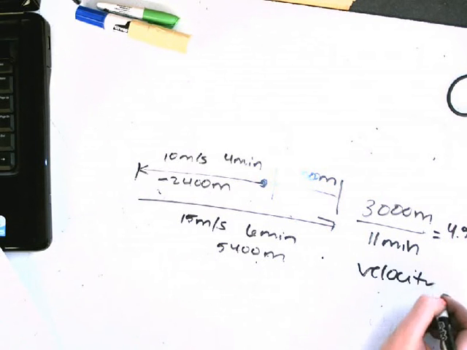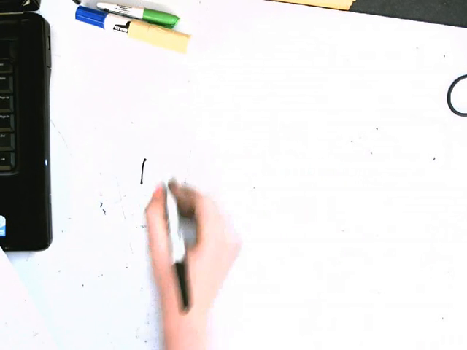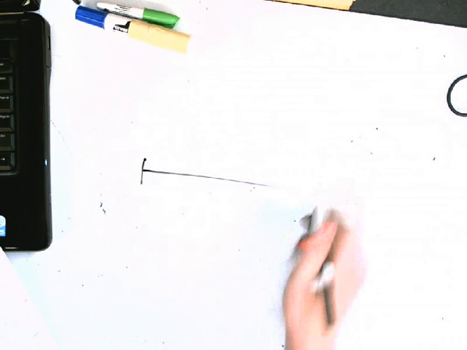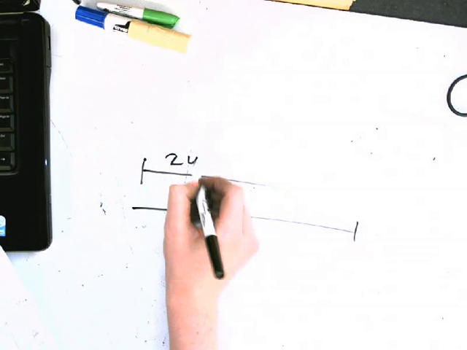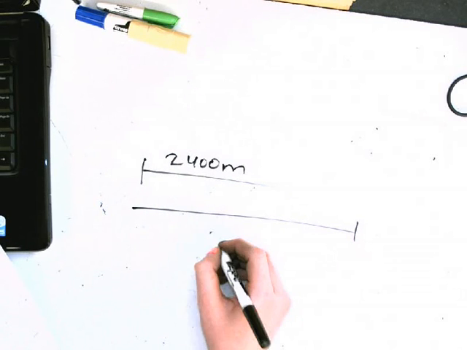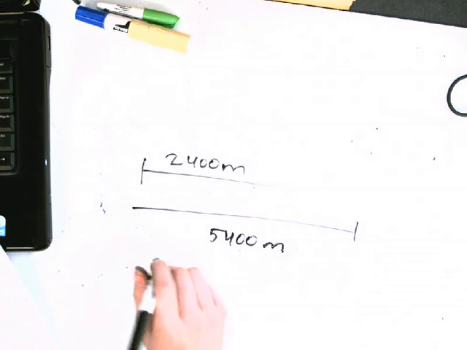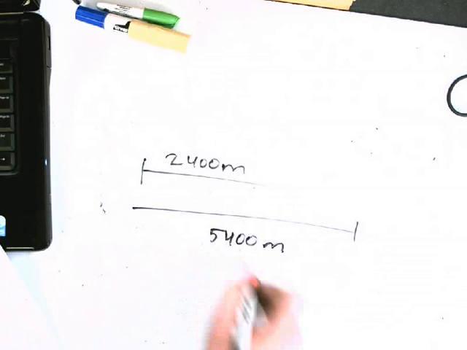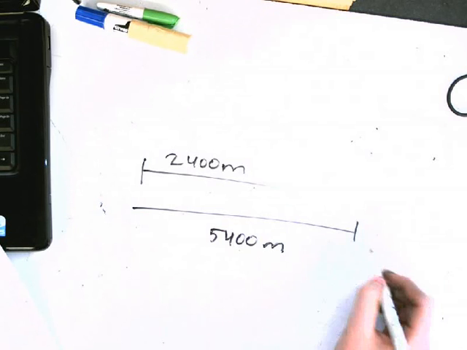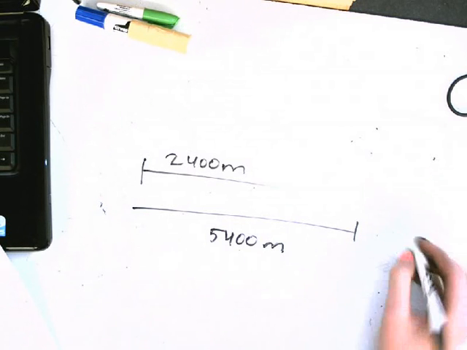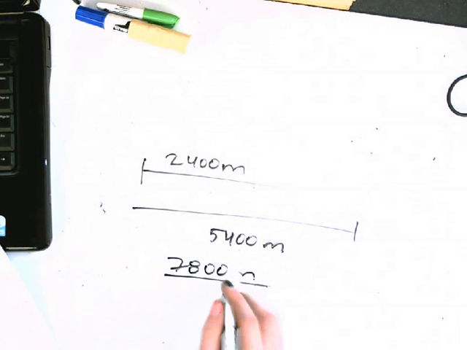However, if you're doing speed, then you would add these two, because you went this far plus this far. So that would be 7,800 meters total over the 11 minutes, because it's 4 minutes this way, you rest for a minute, and 6 minutes that way.